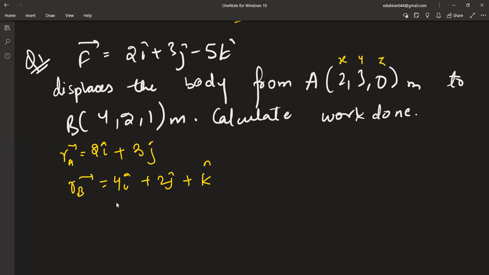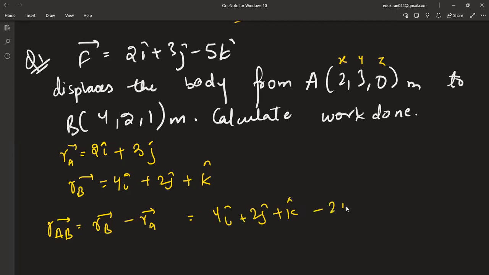Now, what is the displacement? Displacement is RAB. Remember, in relative velocity, I've told you how we subtract the two vectors. So final minus initial, you will get 4i cap plus 2j cap plus k cap minus 2i cap plus 3j cap. This addition and subtraction of the Cartesian form unit vectors we have already studied.